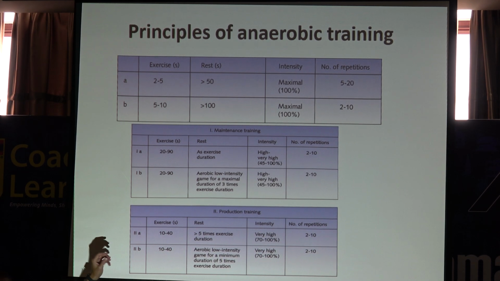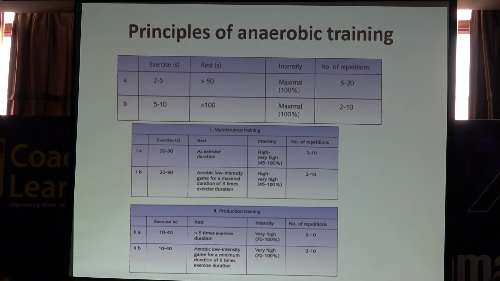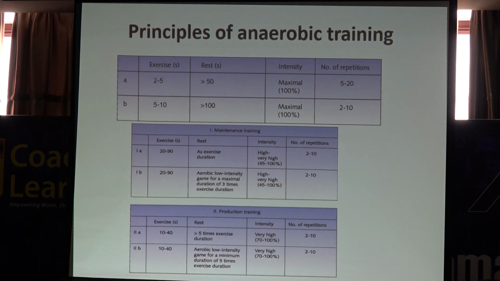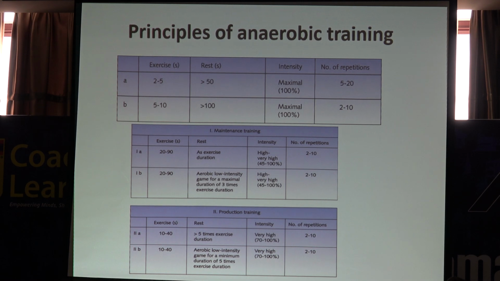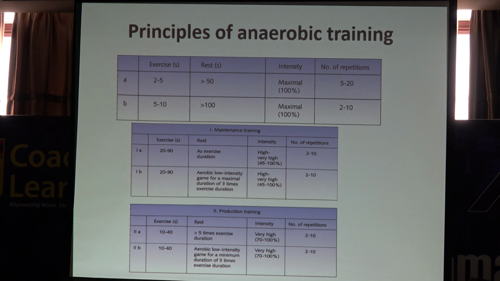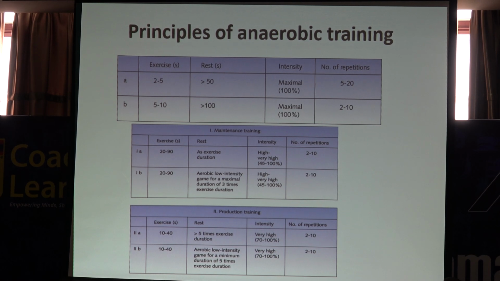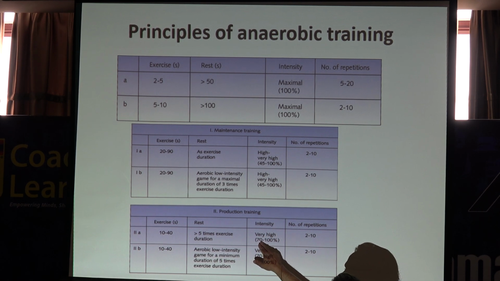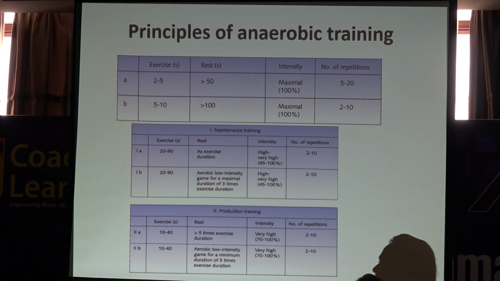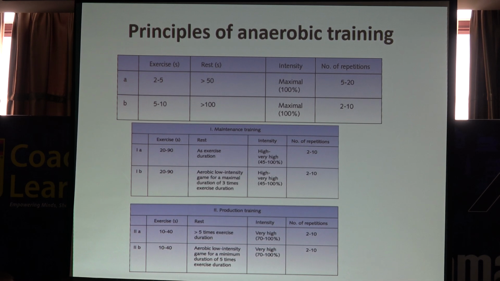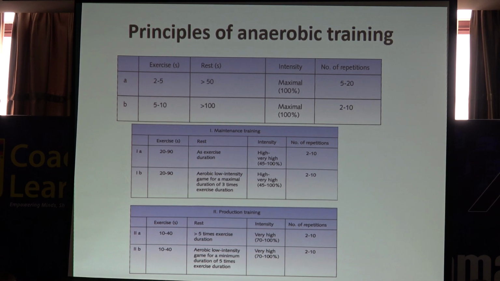On the intensity chart, we want to be around 70% to 100% of maximum intensity. When I coach these drills, I coach it as run as fast as you can, go maximum effort, because nobody can do maximum effort for those 30 seconds. So usually if you coach it like that, it will be around 85-90% of maximum intensity.